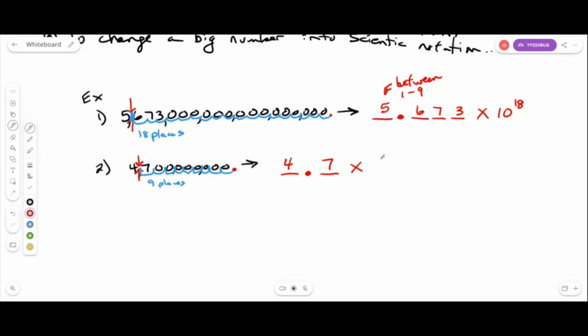So this becomes times 10 to the 9th power. Let's look at changing a tiny number into scientific notation.